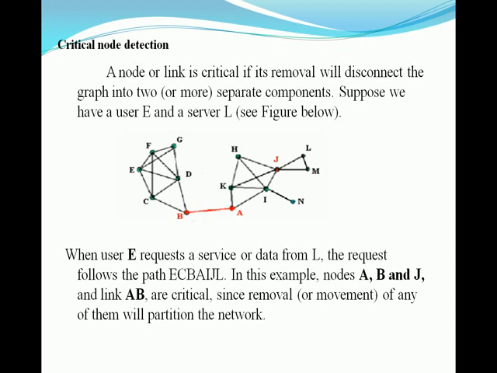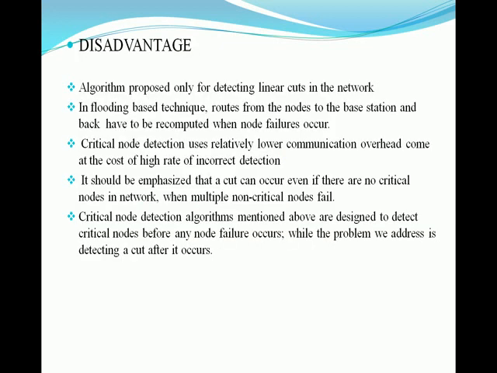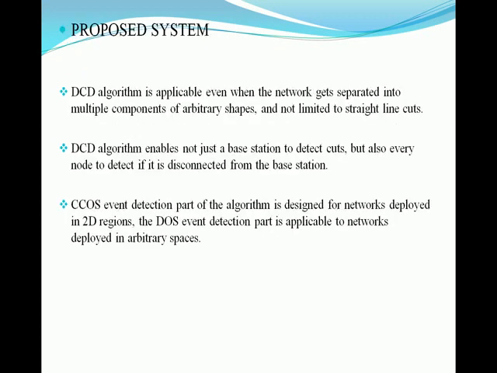For example, you can see from the picture, you have a huge network around A, B, C like that, and we have a connection over A and B, and no other connection between these nodes. When there is a failure in node B or A, the entire network will get separated into two different components. This is what we call a critical node.